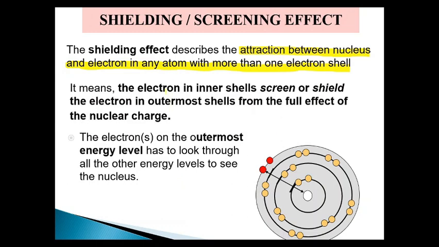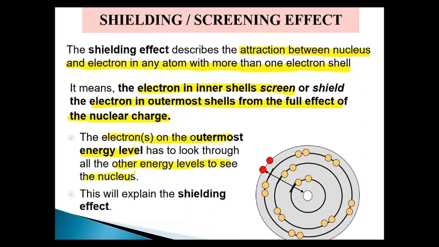In short, it means that the electrons in inner shells will screen or shield the electron in the outermost shell from the full effect of the nuclear charge. This is because the electrons in the outermost energy level have to look through all the other energy levels to see the nucleus. And this will explain the shielding effect.